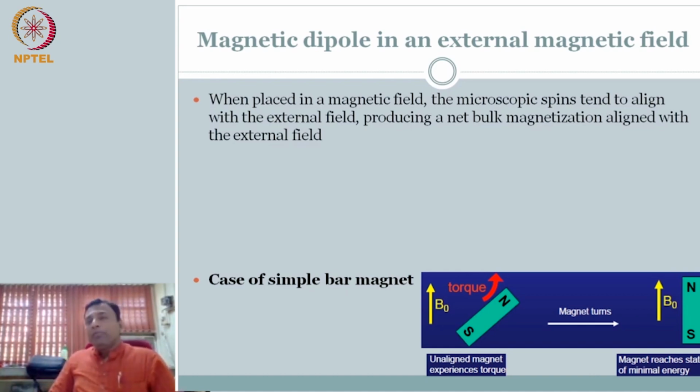So now, if I ask you what do you expect your spinning charge, which has a magnetic moment, to do if you put it in an external magnetic field? Of course, here B naught in this diagram is Earth's magnetic field, but let's say I have another magnetic field and I place this spin in it. What is going to happen?